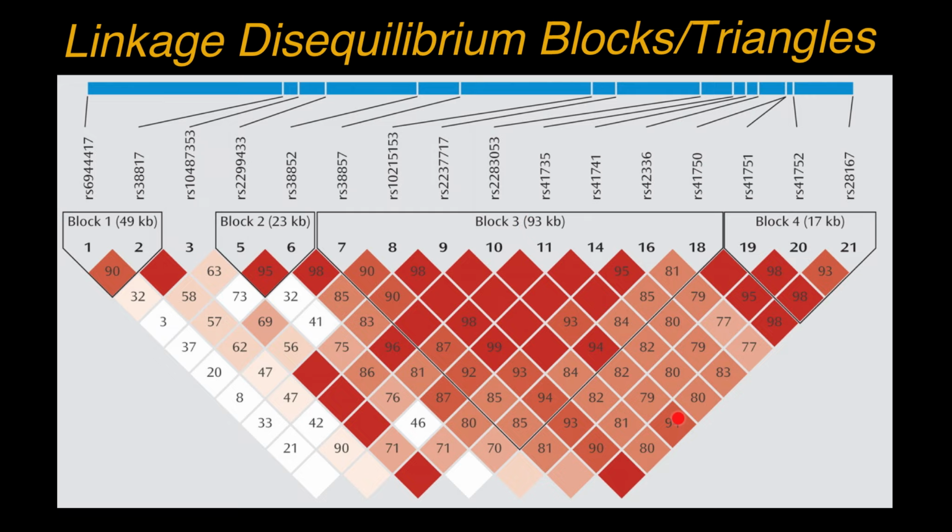Now let's talk about the pattern. You see that some squares here have solid color and no numbers, some have numbers, and they also differ in coloration. Now let's take, for example, we want to compare locus 7 and locus 11. Here we see number 87. What does it mean?